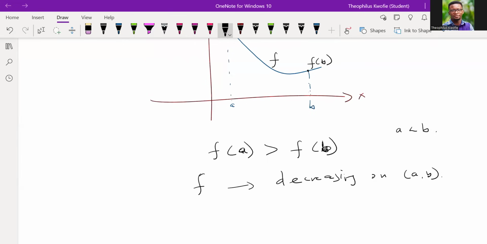Is that okay? And this is so important, that we understand the basis as to at what point a function is increasing and decreasing. So please let's take note.